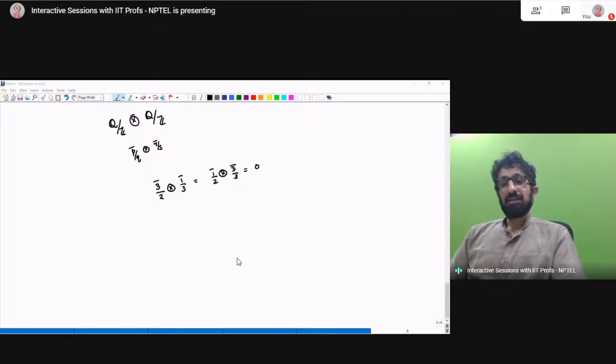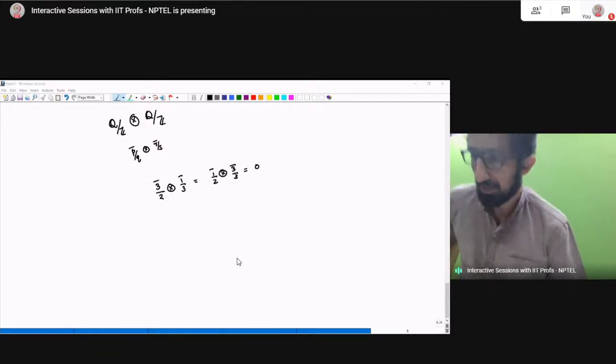Nullstellensatz is applied when your field is algebraically closed. If your field is algebraically closed, it is always infinite.